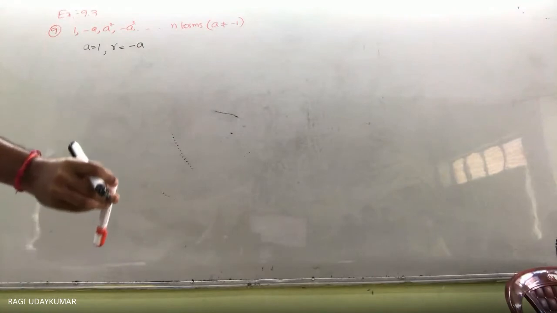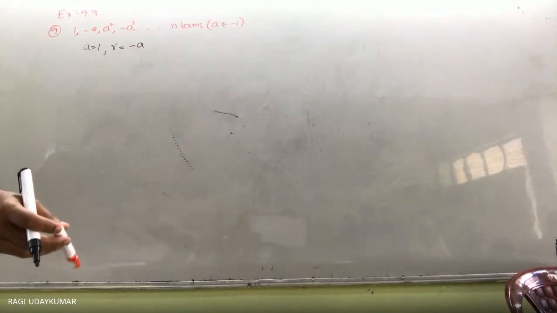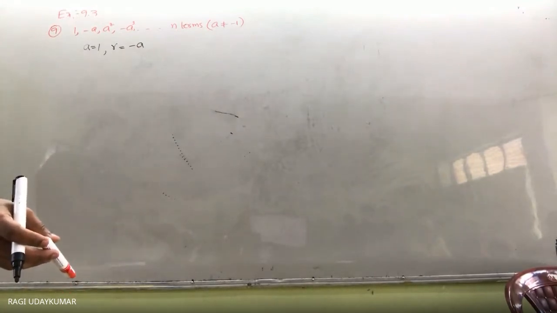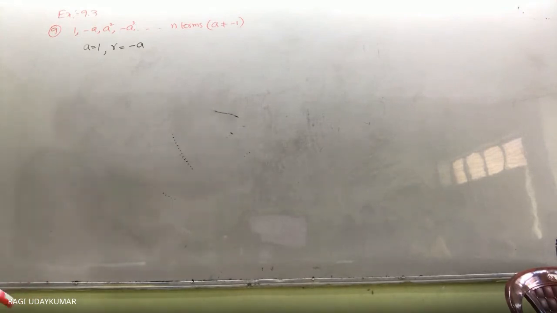Why is it given that a is not equal to minus 1? Can anyone say? If a equals minus 1, what happens?